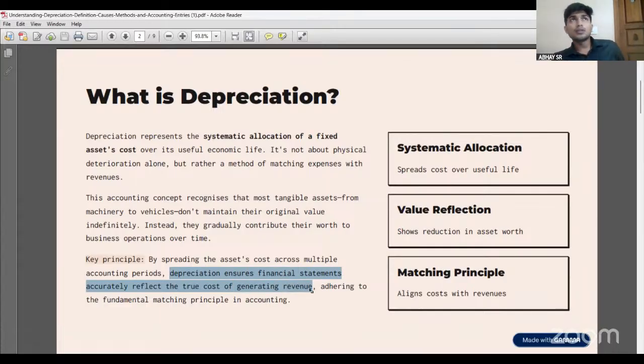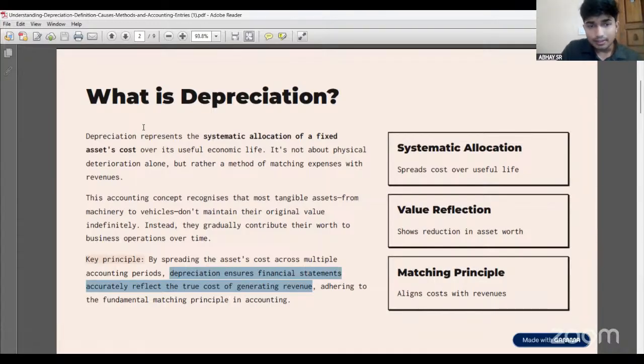If we go back to that printing machine example, if I'm allocating just the revenue, there will be excess revenue, right? Only if we allocate the cost too can I get the accurate profit amount. So that is what is meant by depreciation.